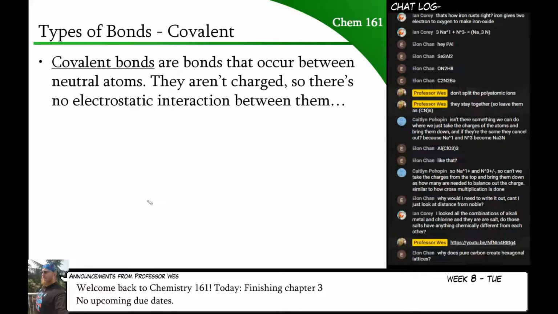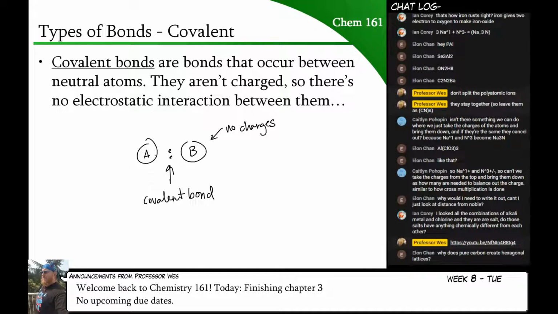Now, what about covalent compounds? Covalent compounds don't have charges. The atoms instead share electrons with each other. So if these are my two atoms, A and B, my electrons go between them. But because the electrons are shared and not transferred, there are no charges.